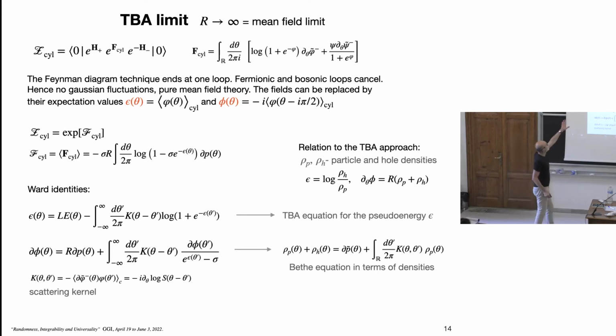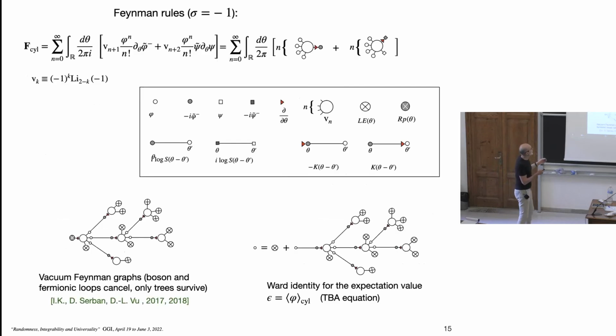In the limit when R is very large, the interacting potential becomes quite simple. So this is just these two terms. Only linear integral, no contour integral. And then if you consider the diagram technique, well, I will show it later.